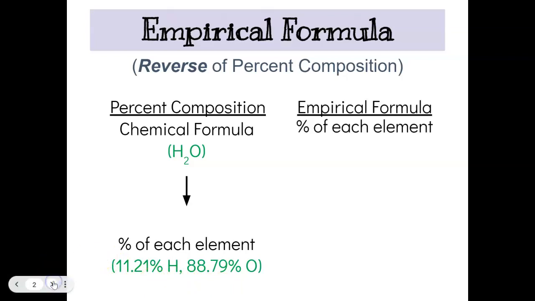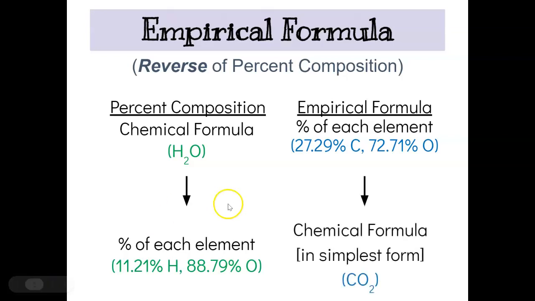So an empirical formula uses the percentage of each element, and we're going to use that to help us determine how many atoms of each there are. For example, if we had a compound that was 27.29% carbon and 72.71% oxygen, we would be able to use that information to determine the chemical formula in the simplest form, carbon dioxide.